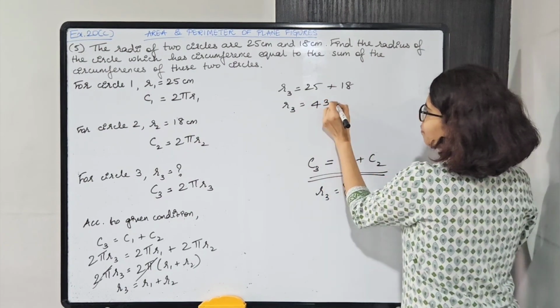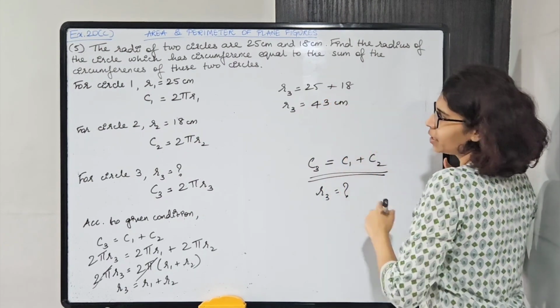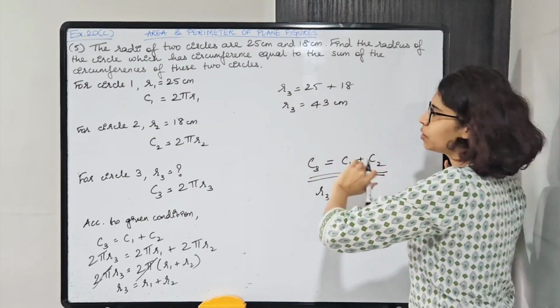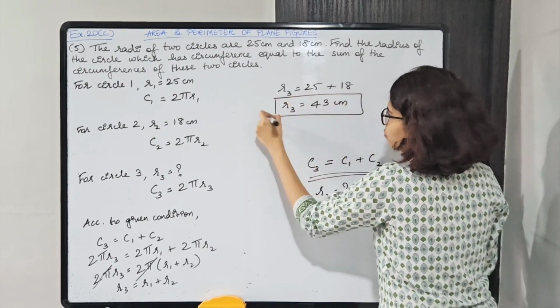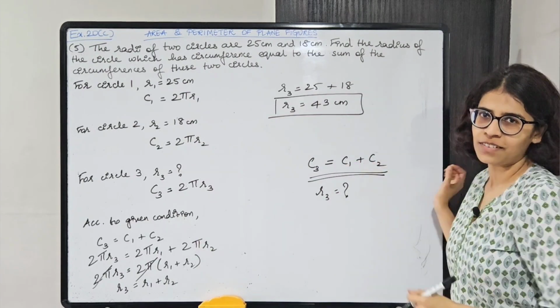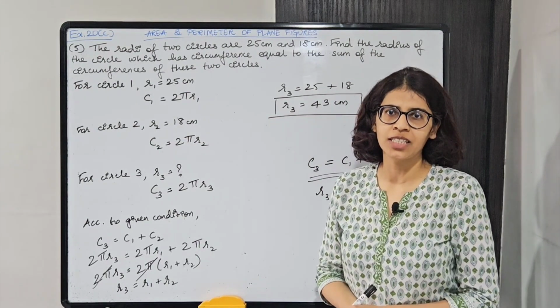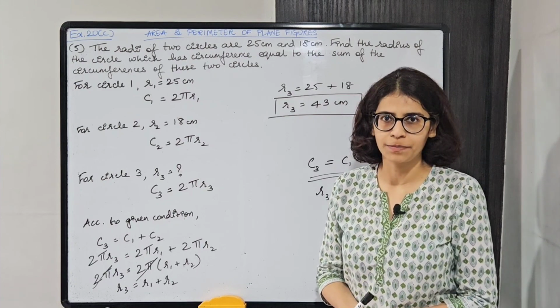Correct? Centimeter, because these two radii are given in centimeters, this will also be in centimeters. Got the value. Don't forget the statement. The radius of the required circle is 43 centimeter.